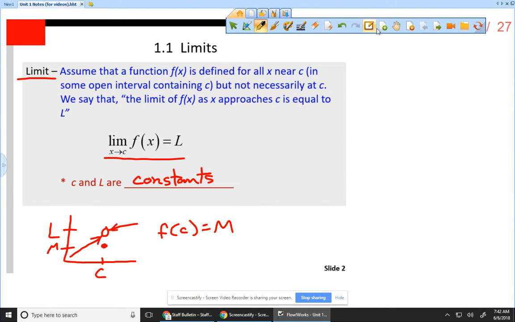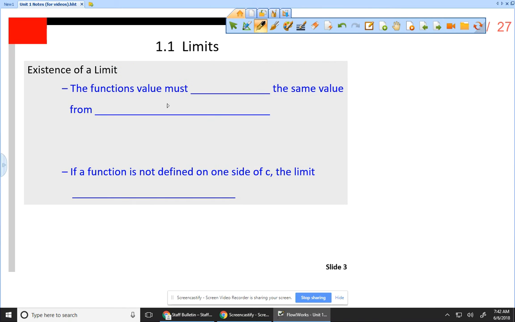So let's look at a few examples here, okay? The existence of a limit. The function's value must approach the same value from both sides of c in order to exist. So, for instance, we would say that the limit as x approaches c from the left of f of x, okay, so we need to understand that notation.